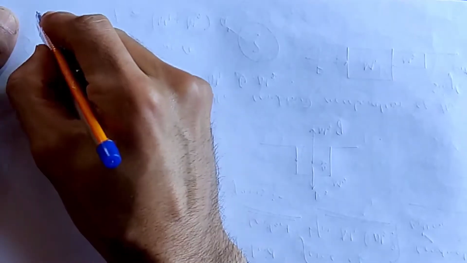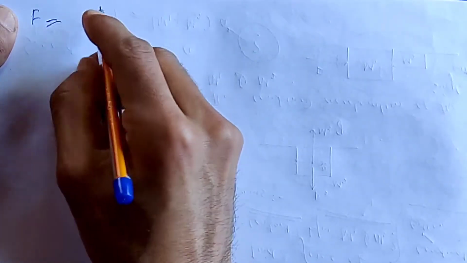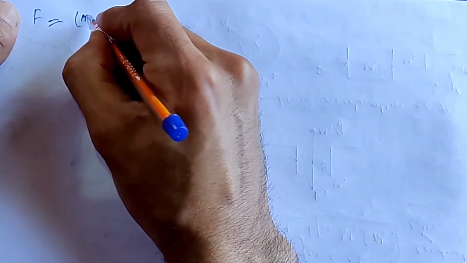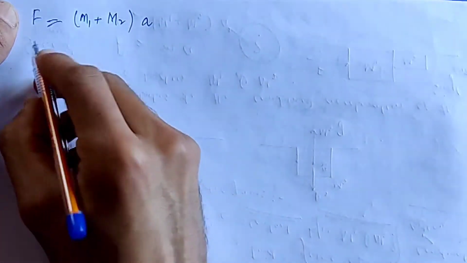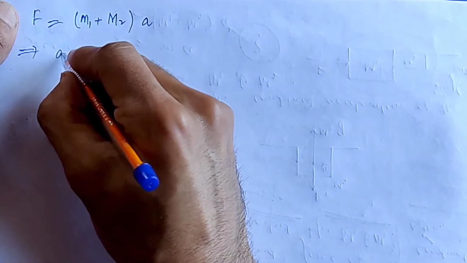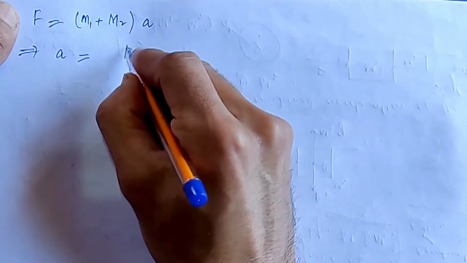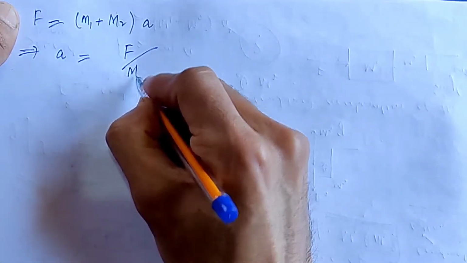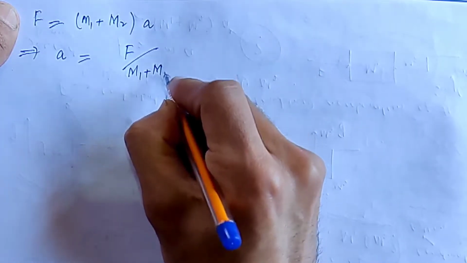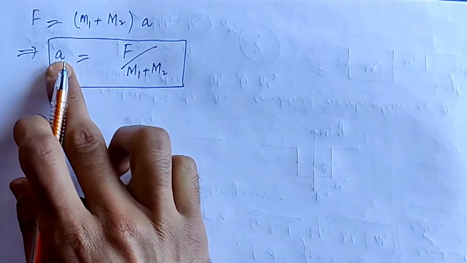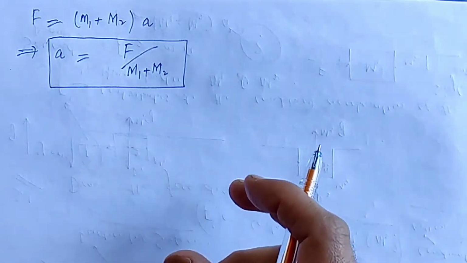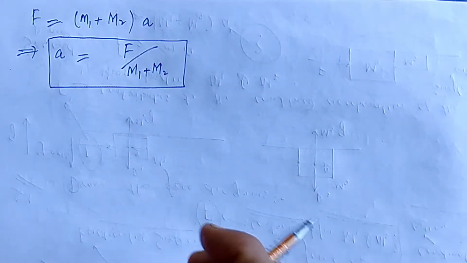So till now we have got the force acting on the system as mass times acceleration, that is m1 plus m2 times the acceleration, which further implies that the acceleration equals the force divided by the mass of the two bodies, that is the mass of the system. So this will be the acceleration caused in the two bodies.